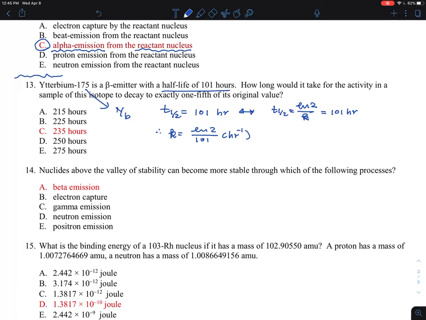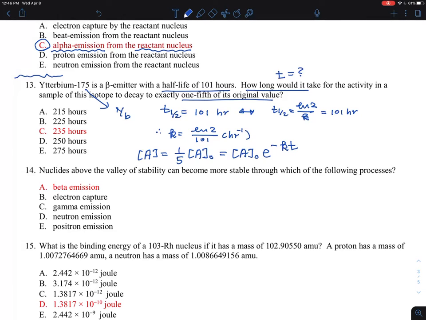Okay, and then how long would it take? So they want to figure out what T is, if the isotope decays to exactly 1/5 of its original value. What that means is your concentration A is now 1/5 of the original value, A naught, and that equation is A equals A naught exponential minus KT.